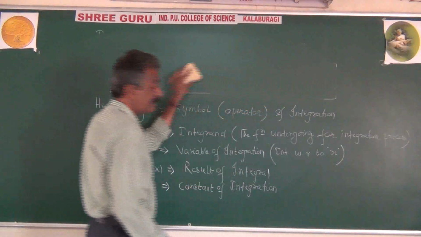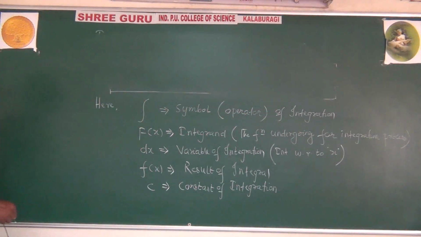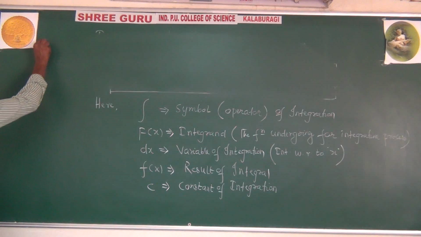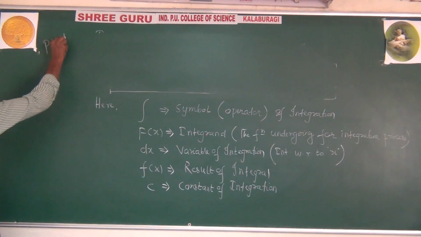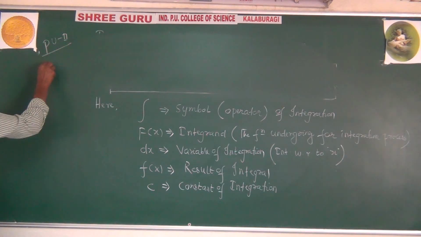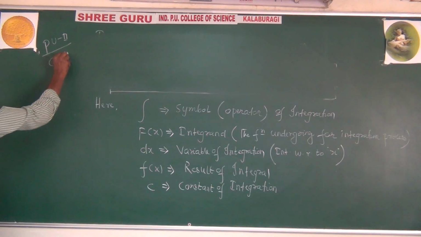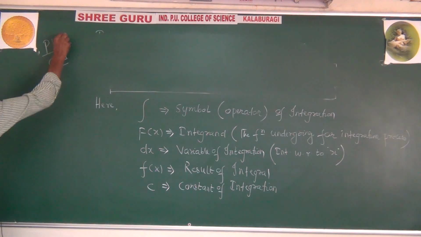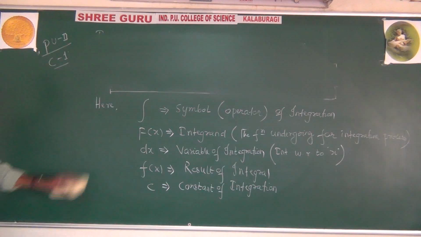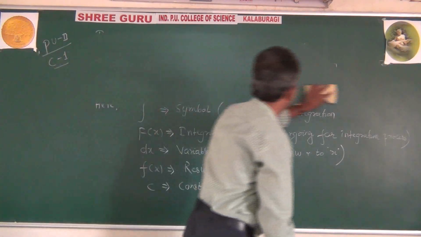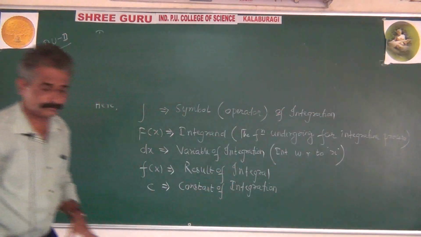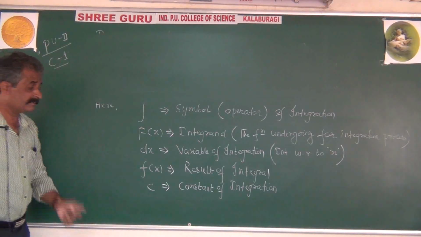In fact, we are in lecture number 1, and we are concerned with second PUC, this is PU2, and this is our first class in the topic integration. Next slide.